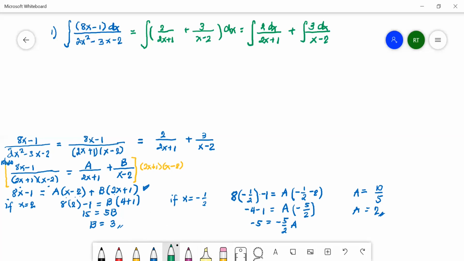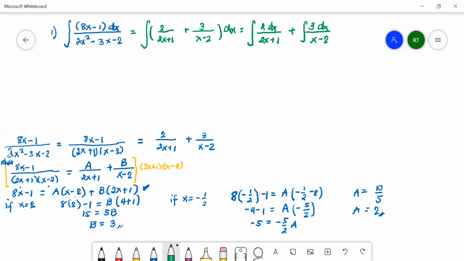Now look at the two integrals. If we evaluate them, both lead to logarithm. In the first integral, you can see that the numerator is the exact differential of the denominator. If u is 2x plus 1, the differential of u is 2 dx.